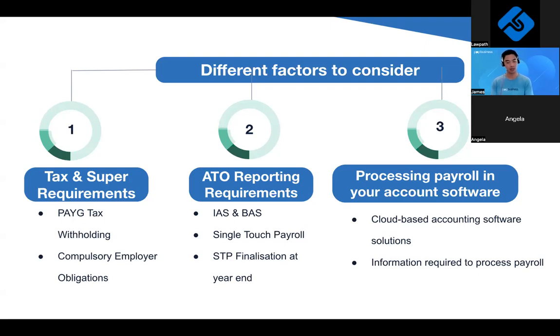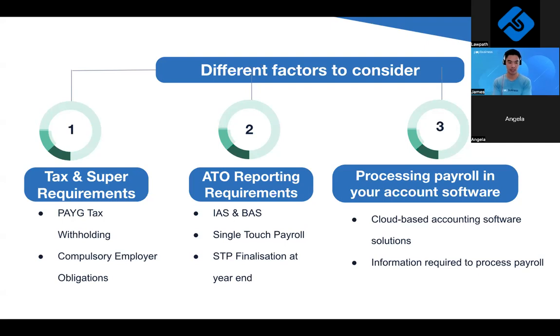The reason for this is the government wants people to prepay their tax, and the government would rather do refunds at the end of the year than collect debt at the end of the year, right? That's why that system is in place. So you must withhold a portion of tax every time you pay an employee.